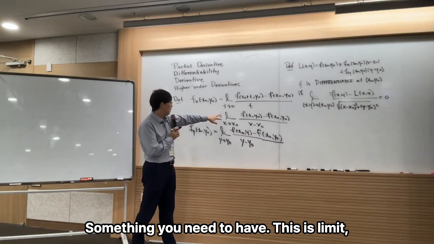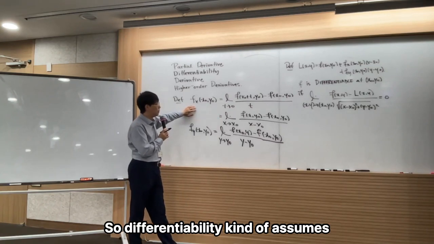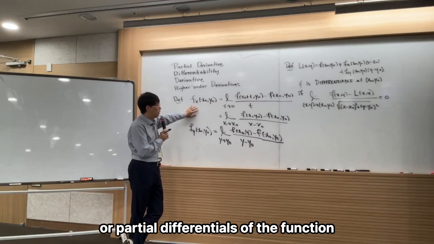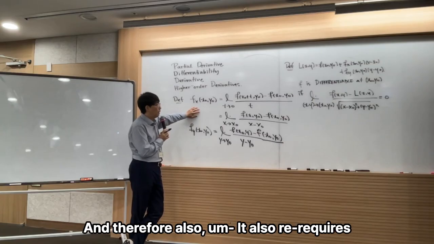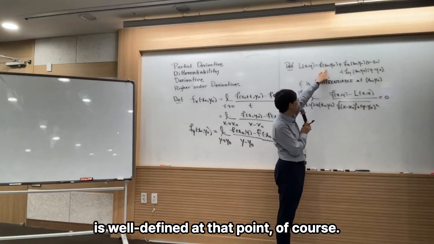This is limit. So sometimes the limit doesn't exist. So differentiability kind of assumes that you have a partial derivative or partial differentials of the function at that point for x and y at the same time. And therefore also, it requires that the function is well defined at that point, of course.